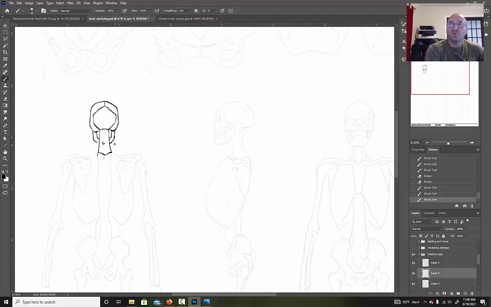So we want to make sure that we're drawing all of the groups of the spine together, because, like I said, you've got the thoracic. Think of it like an insect. Your thoracic region, your thorax, if you think of an exoskeleton of an insect, is where they do the breathing.